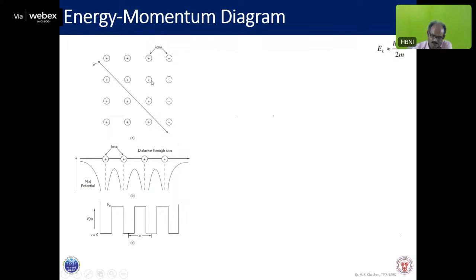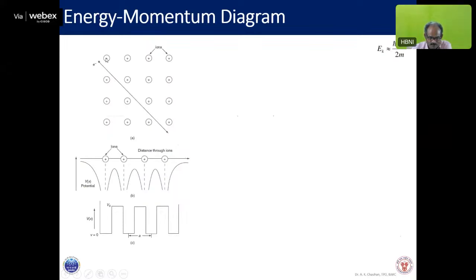You see the distance between these two is the same, and the distance between these two is the same. When you are at this ion or at this ion, you will not make out any difference. We will see the same surroundings. Now, if an electron moves from this point to this point, what is it seeing? It is seeing these ions, these ions, these ions.